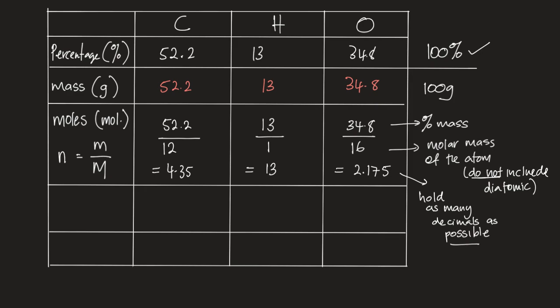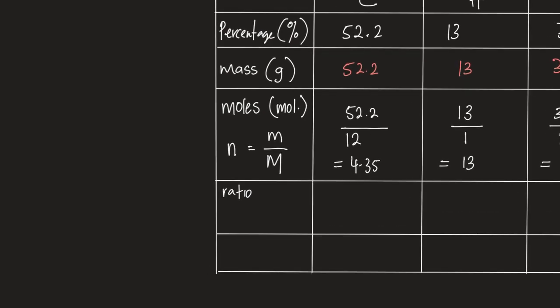Right. Now what you need to do is you need to find the ratio. Right, so to find the ratio, I'm just going to put it here on the side so you can make a note for yourself.